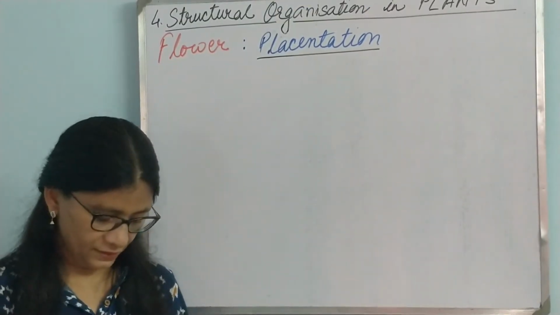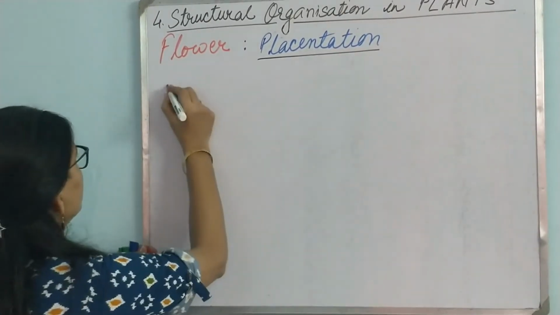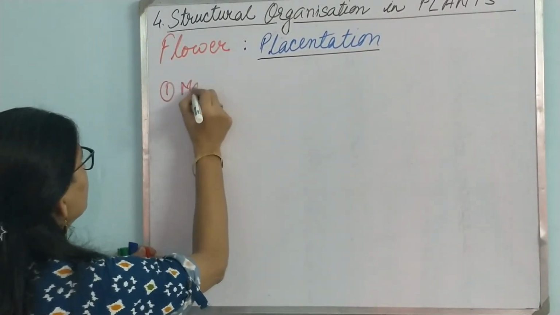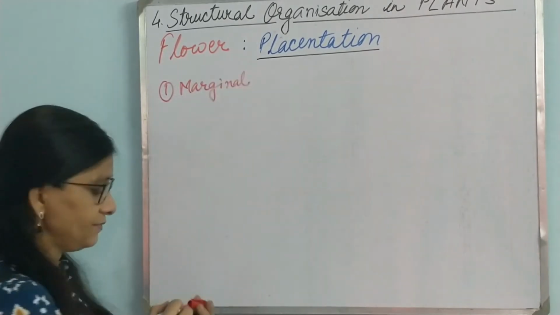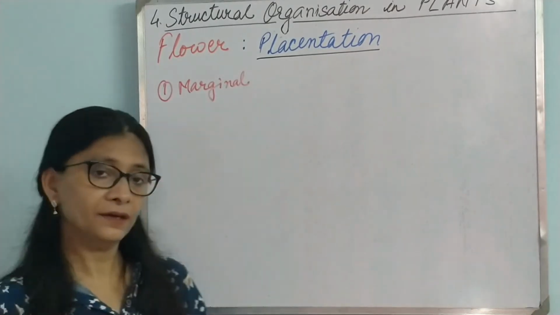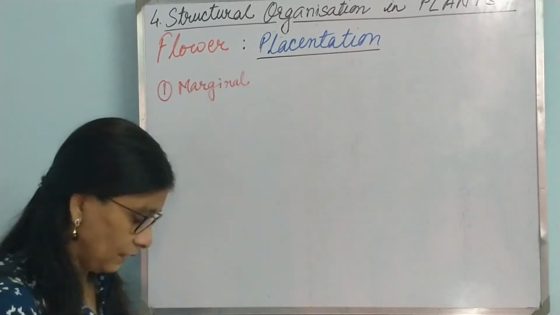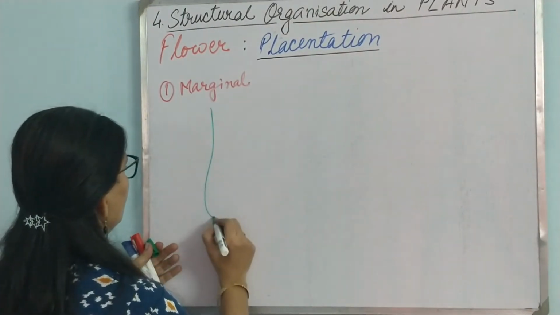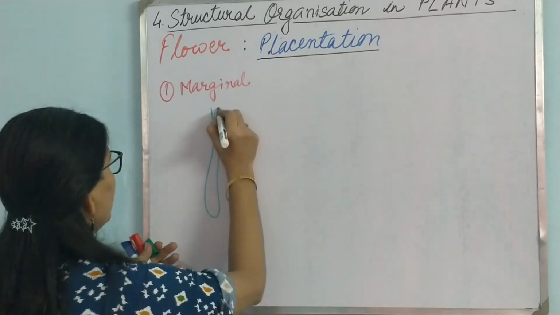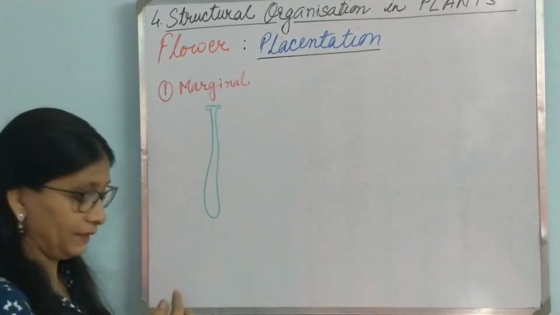So let us see the first kind of placentation, that is marginal. As the name suggests, here the placentation is on the margin of the ovary. Let us see how it is. So suppose this is the whole carpel; I have drawn the whole carpel to make it clear.